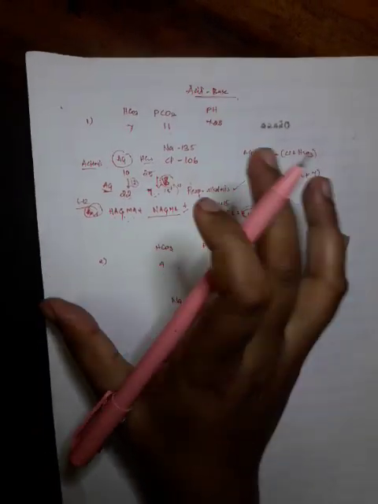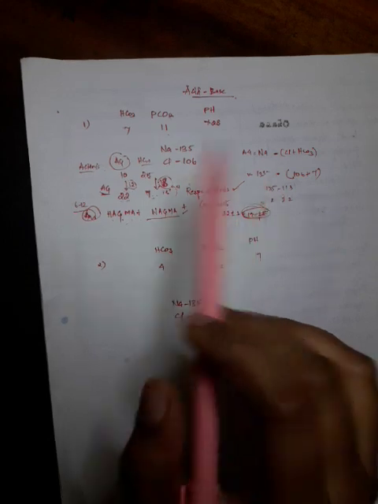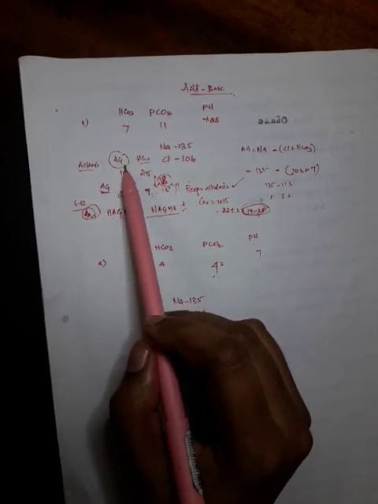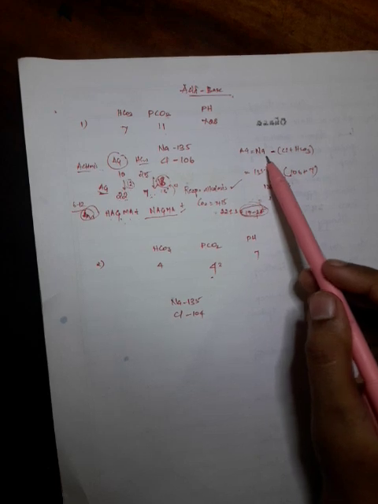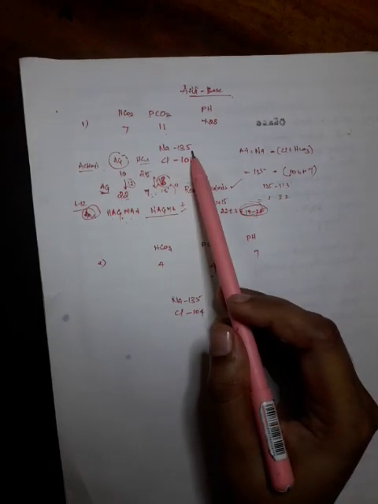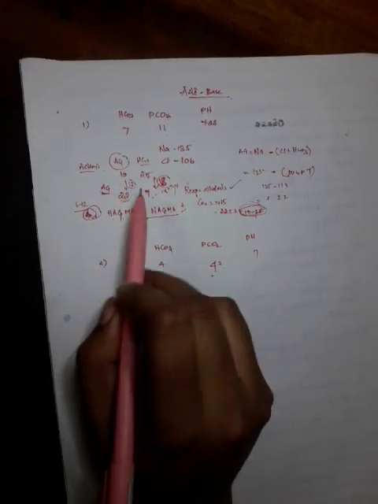Now we go through it briefly. First we find the anion gap with the formula sodium minus chlorine plus bicarbonate, so we get 22. Keep it here.